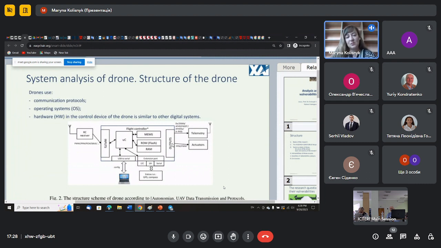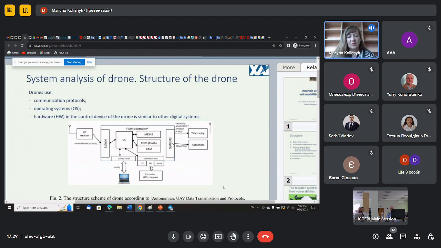For these specific protocols, we also analyzed in databases of vulnerabilities which types of vulnerabilities and cyber attacks can be used on drones. Also, it uses operating systems. It can be Linux, for example.